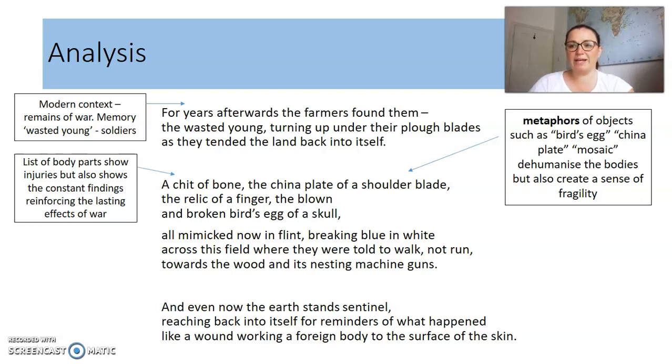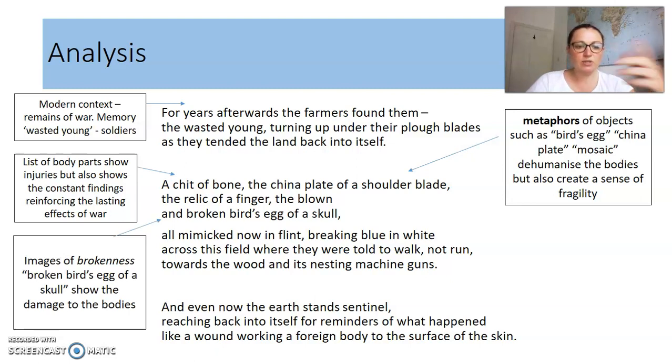But it also creates this sense of fragility, as in that the human body is very fragile, and it has clearly been shattered across this battlefield. So again, these images of brokenness, broken bird's egg of a skull, show the extent of the damage done to the bodies.